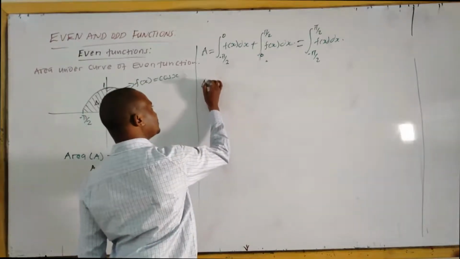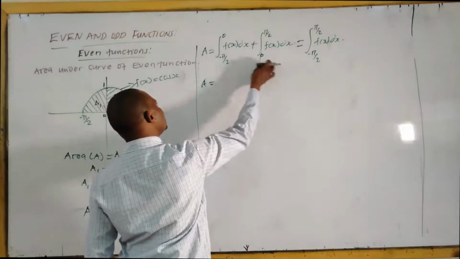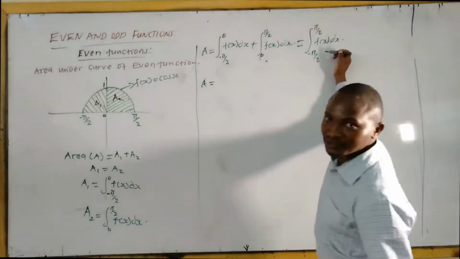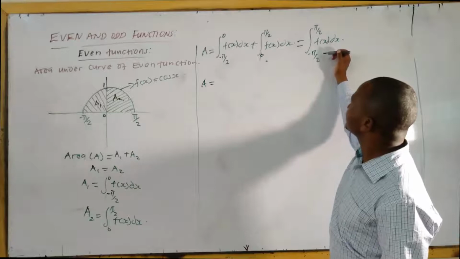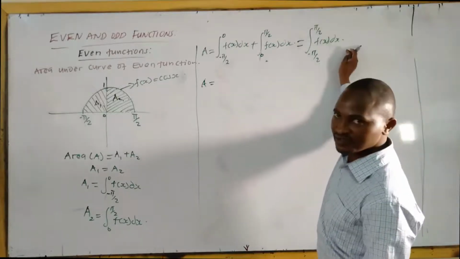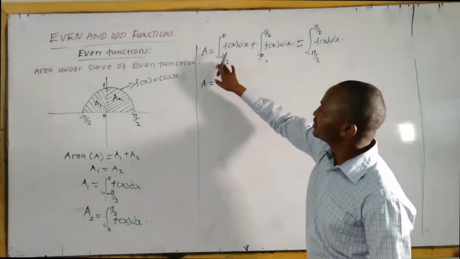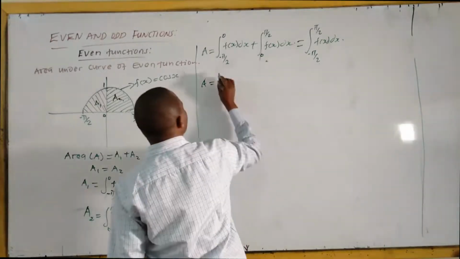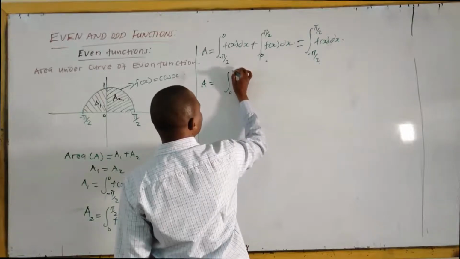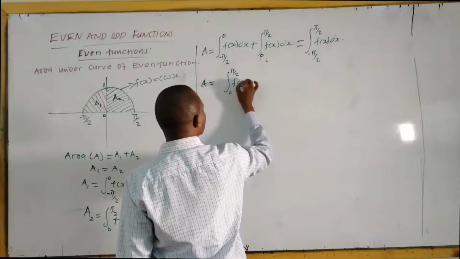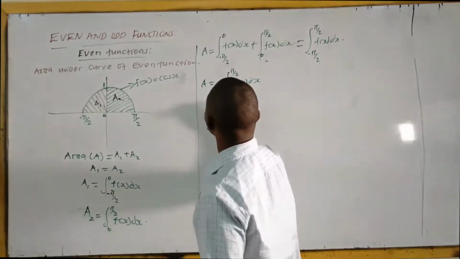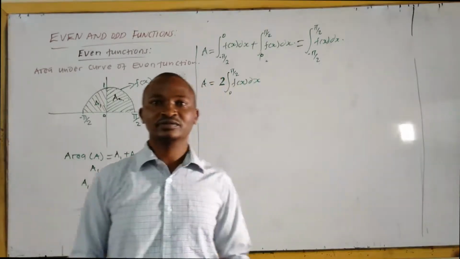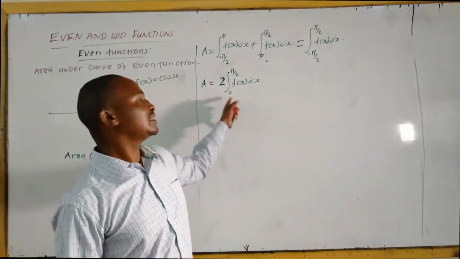Or we can simply say, because these two are equal, instead of worrying about all this, or taking each one separately, integrating and then adding, let us just take only one of them, but we multiply with 2. That will be enough to get the area under the curve.